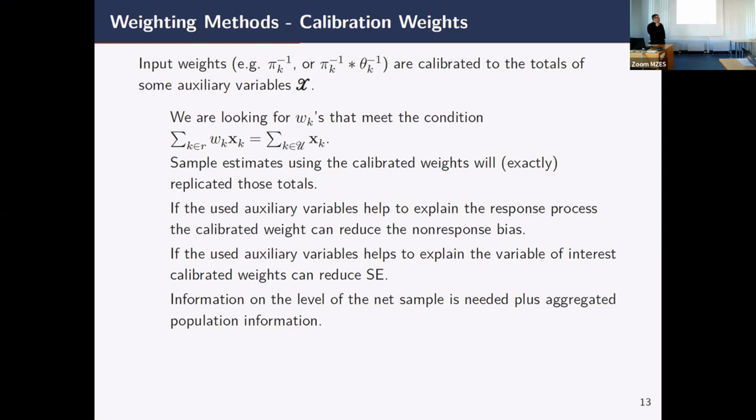The difference between just doing calibration weights and estimating non-response propensities is that they maybe need a little bit less information or different information. For calibration, I only need the access on the set of the respondents and not on the whole gross sample. But I need population totals. So what it often is in practice, I'm having a survey measurement and I'm having some similar measurement from official statistics.